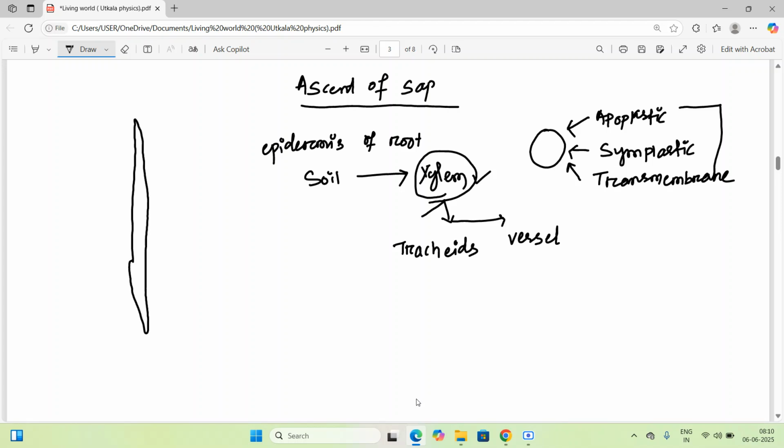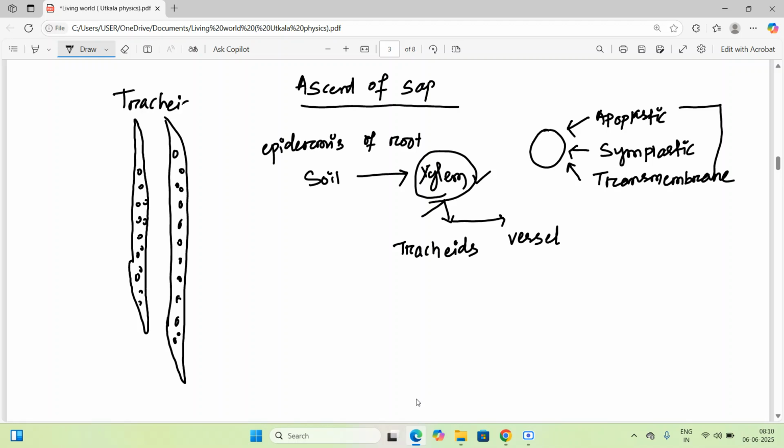These are the tracheids, and these are the vessels.